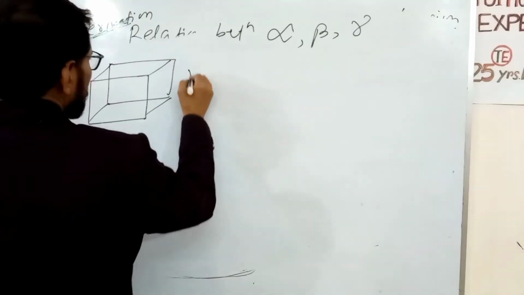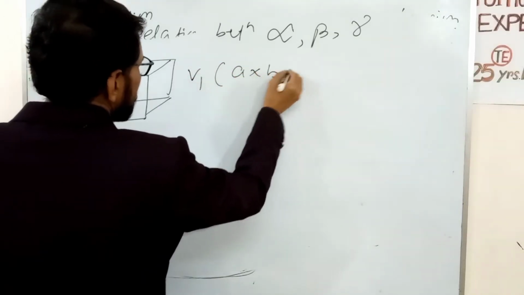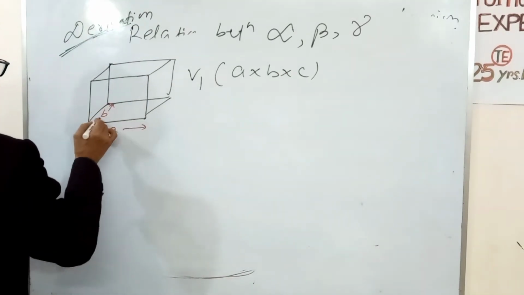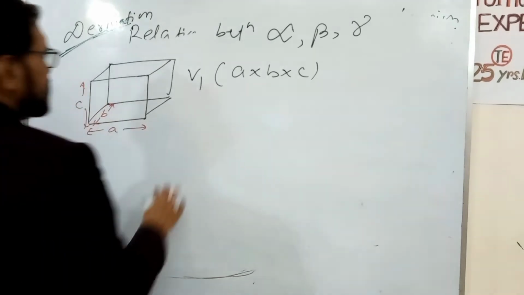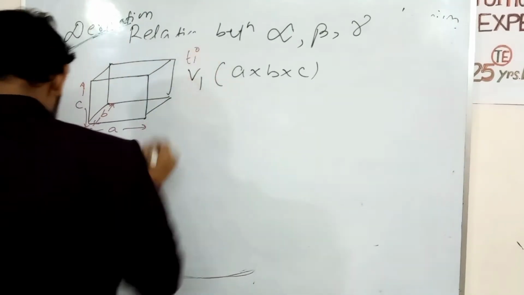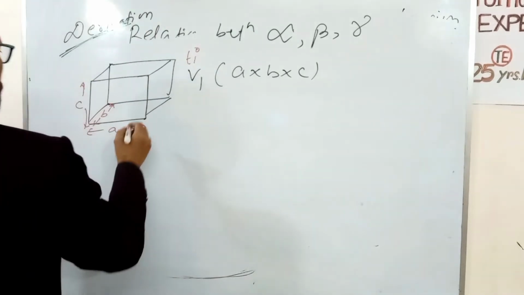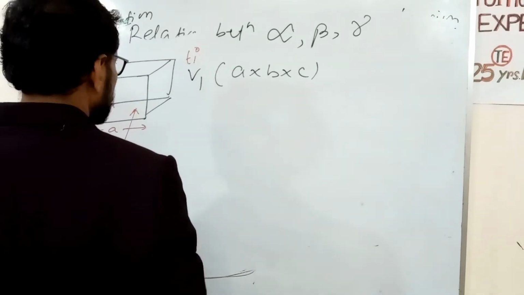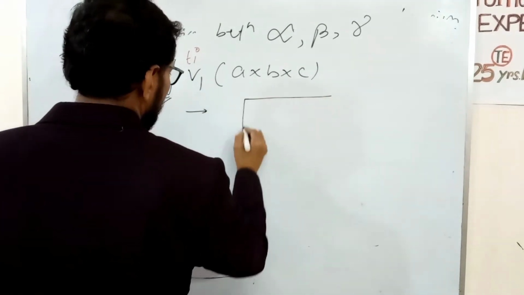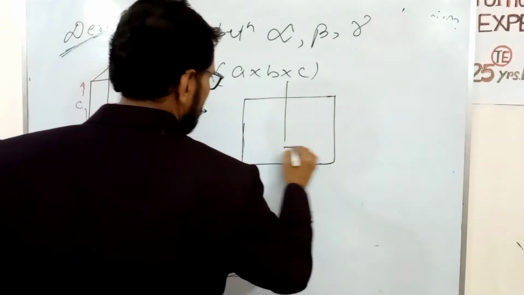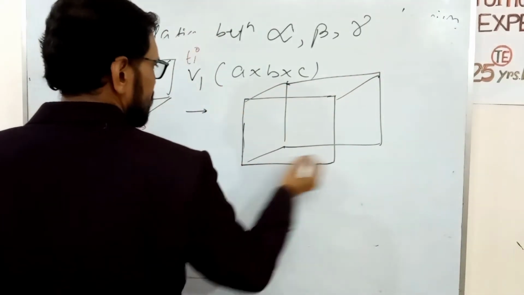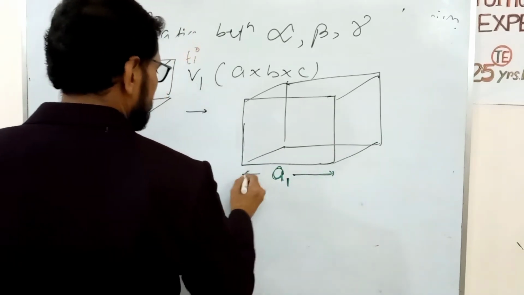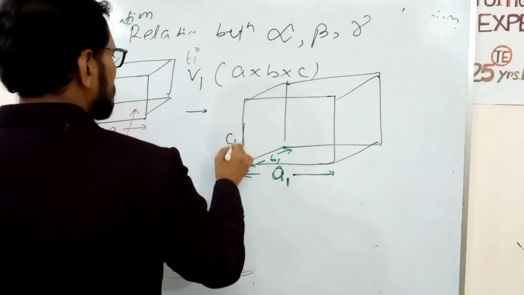Next, a cuboid whose dimensions are A, B, C, that is length is A, breadth is B and height is C. Now this is the cuboid at temperature T1 degree centigrade, and if we apply some heat, that is if the cuboid is heated, the final volume becomes, this length will be A1, this length will be B1 and this length will be C1.